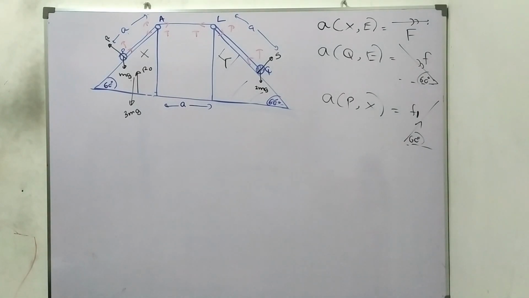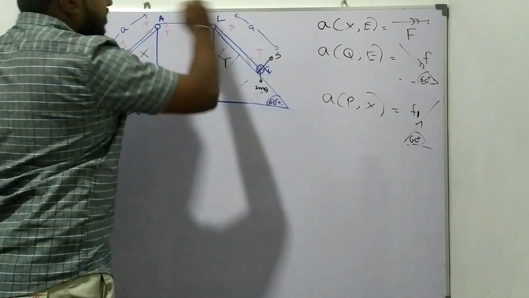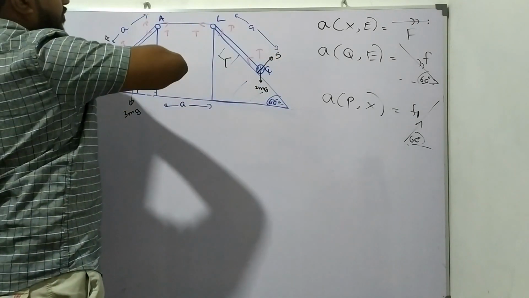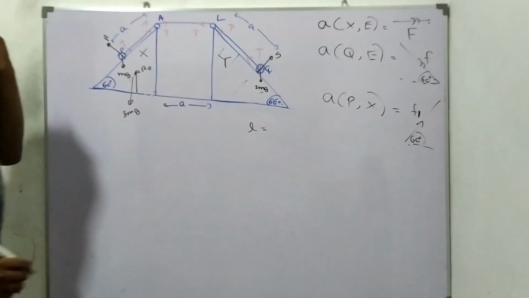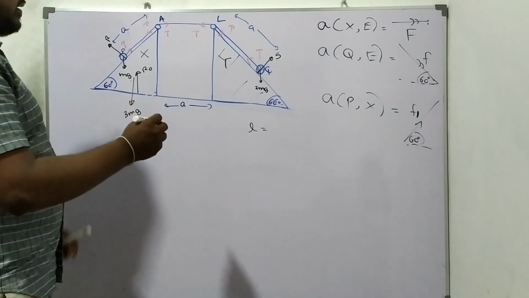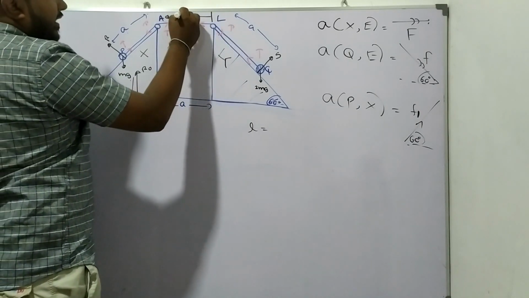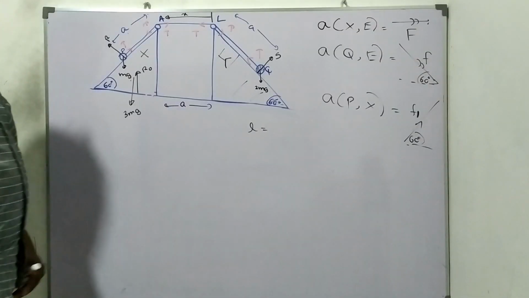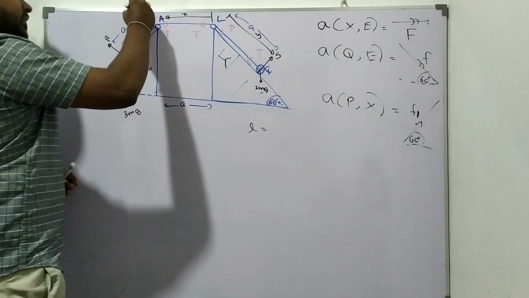Before writing F equals ma for the whole system and the particles, we can do something with the distances. We can write the equation for the whole length of the string. I assume the string length is l, and this is fixed now anyway. I assume this as x, and from here this is y, and here it's z.